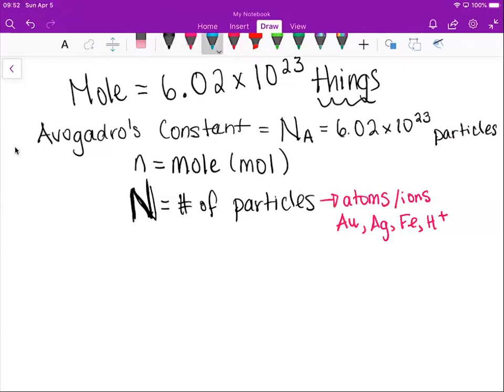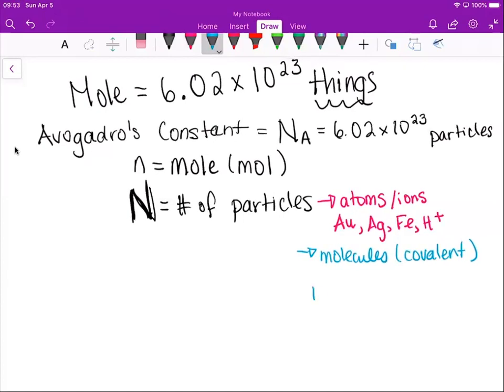The second type are molecules, and we use that name for atoms that are covalently bonded with each other. So let's look at water.